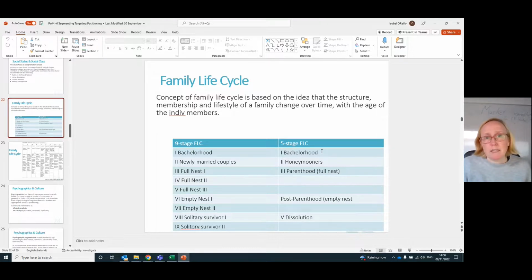And then at some point after that, the next step is newly married couples. So people get together and they form a household together. Honeymooners is the older term for that. It doesn't matter if these people are officially married.